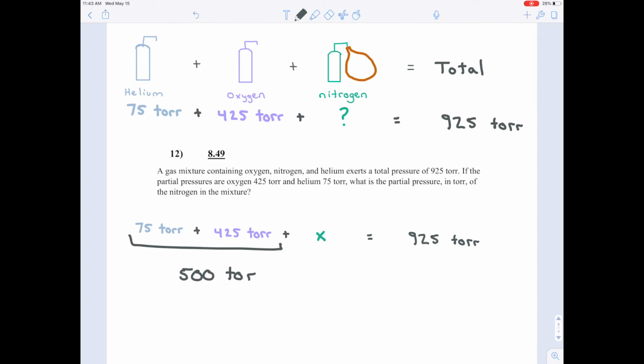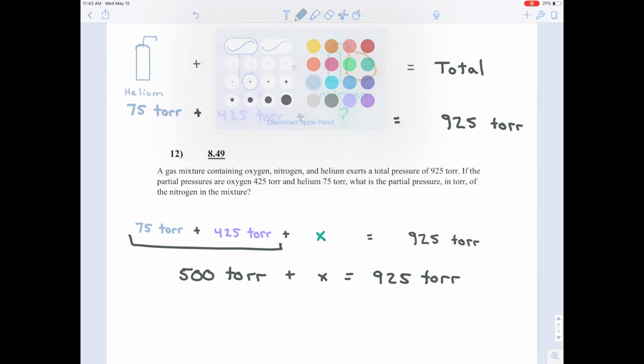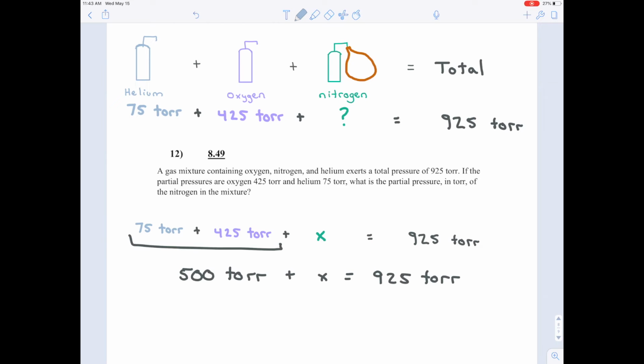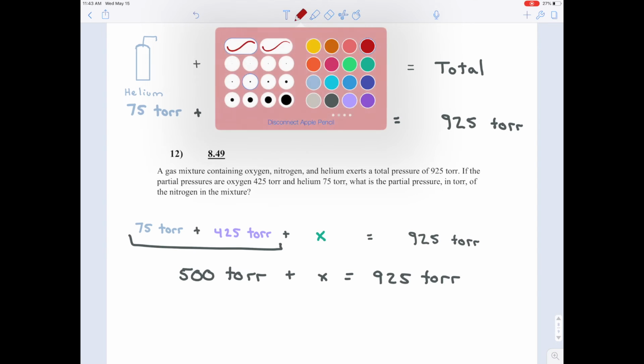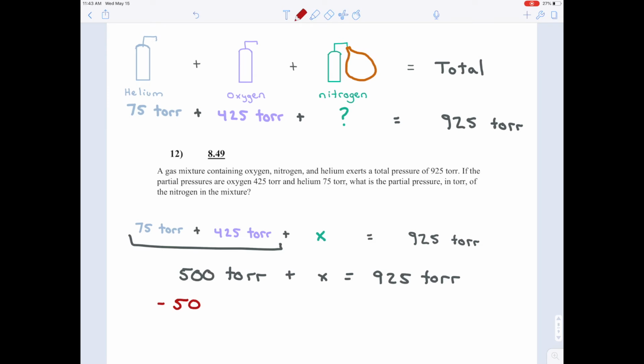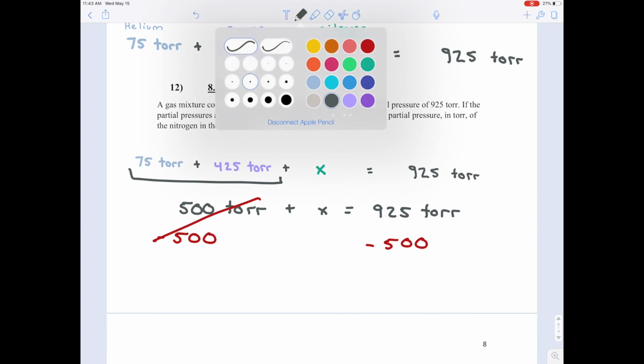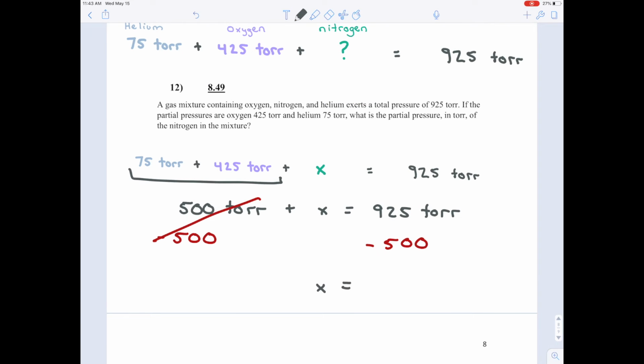So you'd have 500 torr plus x equals 925 torr, and then you could just subtract the 500 from both sides. It would cancel on the left, and you would have x equals 425 torr.